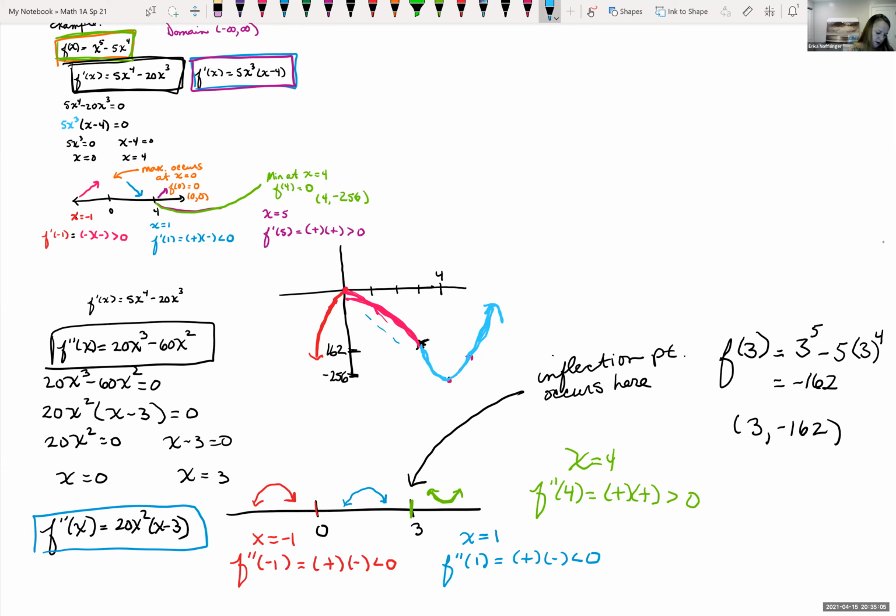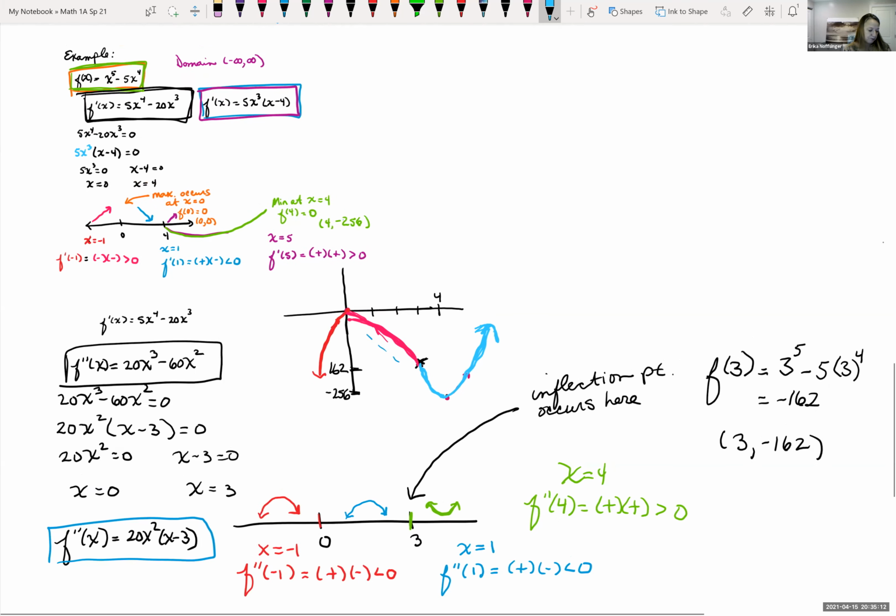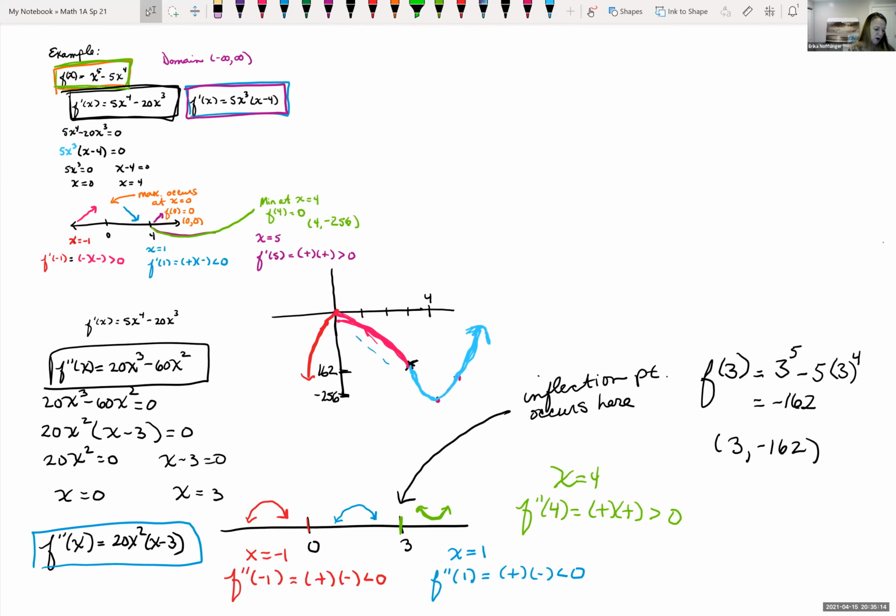We could go a little bit further by finding any intercepts, the x-intercept and y-intercept. Well, I can see we have one at 0, 0. If you look at your original function f of x and plug in 0, it makes sense we get 0. So that's our y-intercept. For x to the 5th minus 5x to the 4th, if we set this equal to 0, we can factor out an x to the 4th from both of those terms. We get x minus 5.